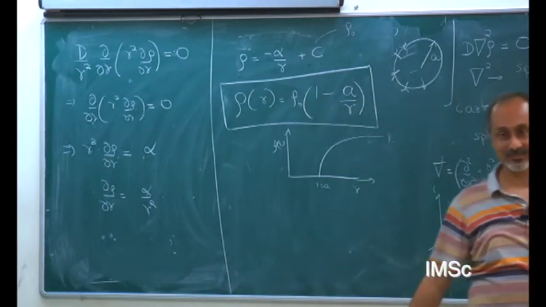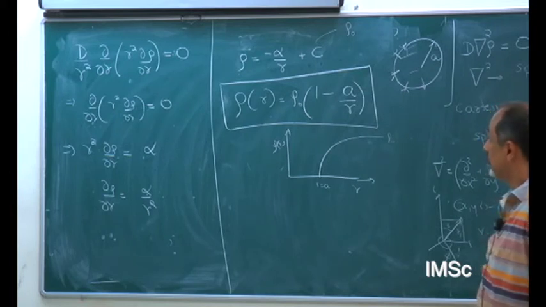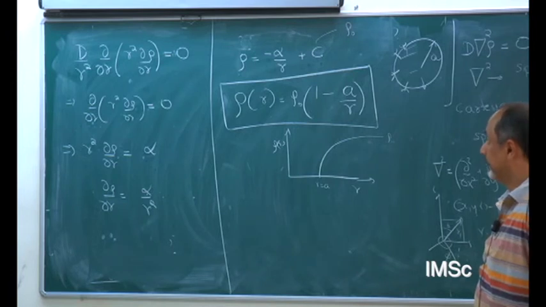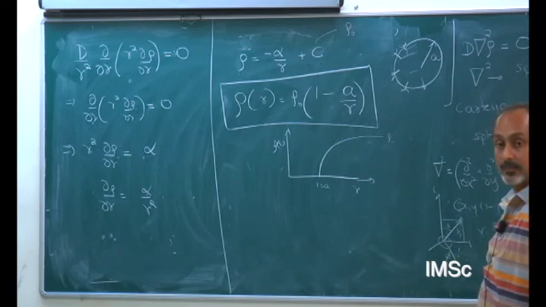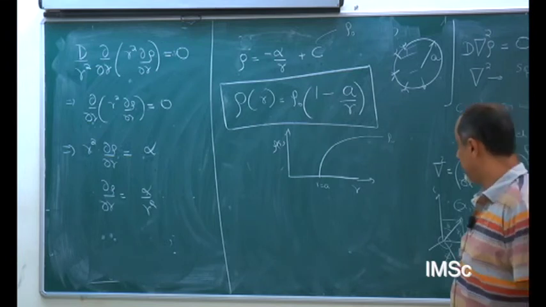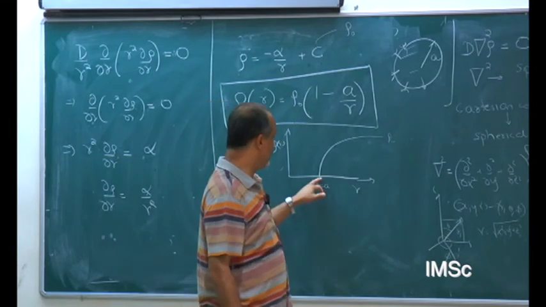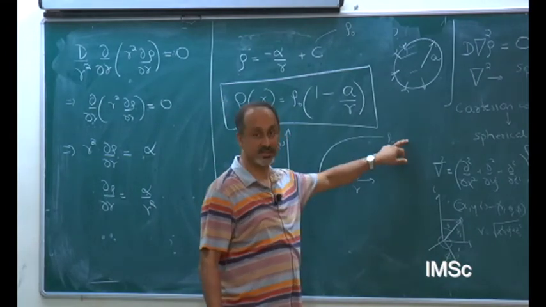So this rho of r is also a measure of probability density. That's right. And the total area under the curve must be 1. That's not necessary, because density is being eaten up here and supplied here.